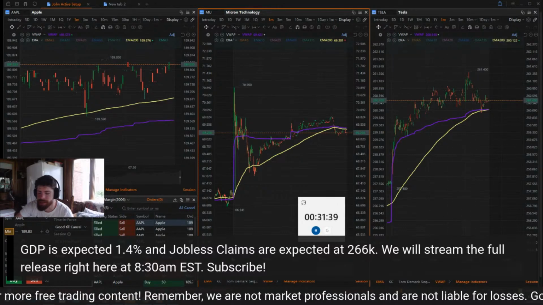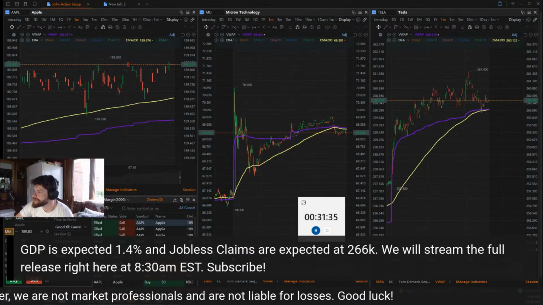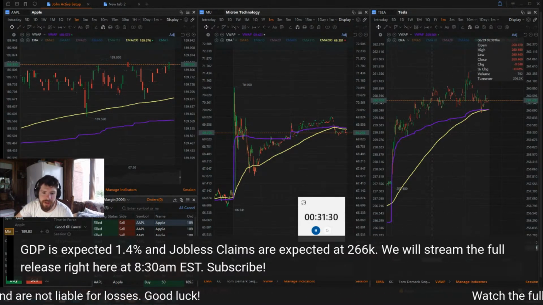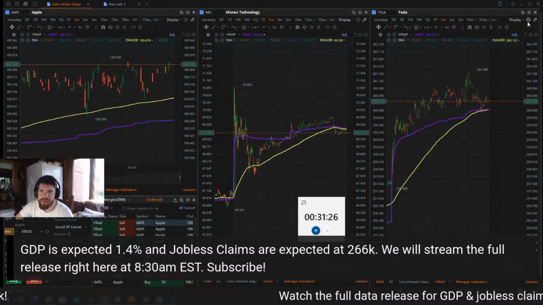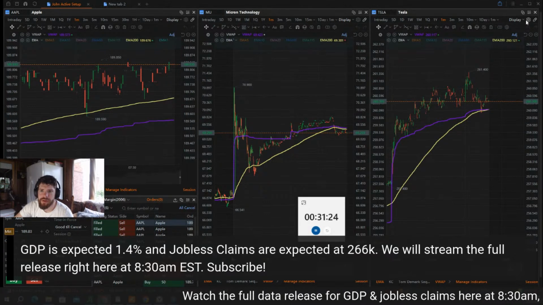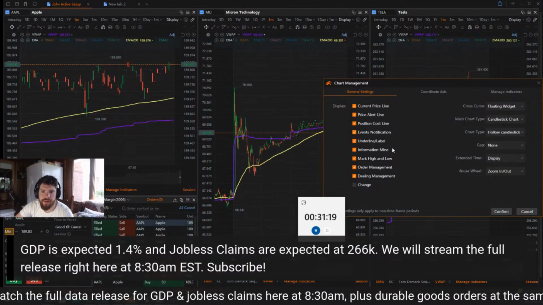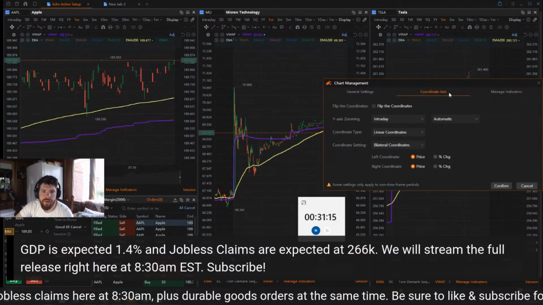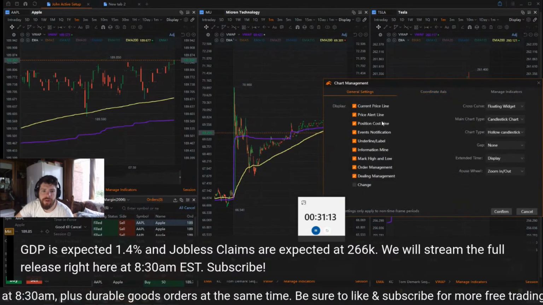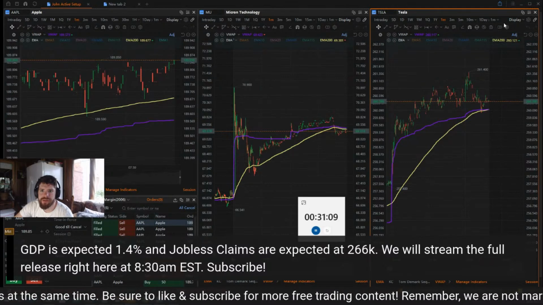We also have Tesla right here. I like the blue line that represented the previous close. Yeah, we can see it. I'm pretty sure I can do that with this one too. Chart patterns. There's got to be a way for me to search.